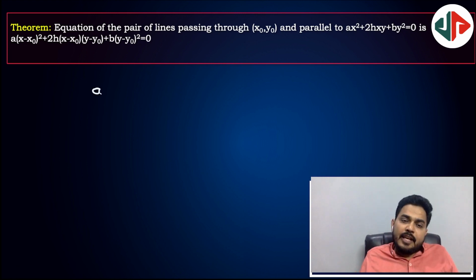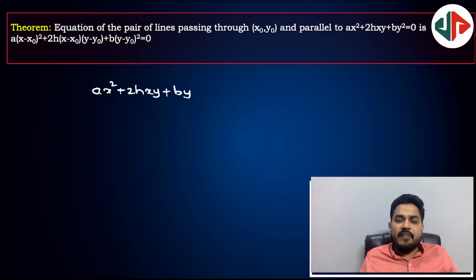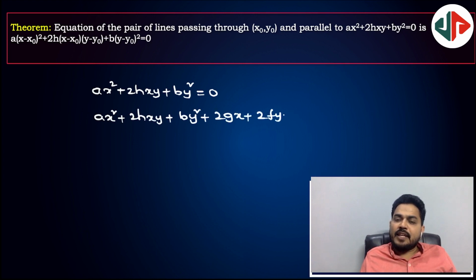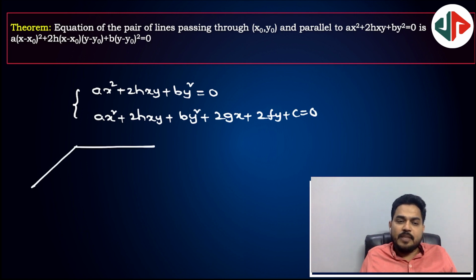The equation ax square plus 2hxy plus by square plus 2gx plus 2fy plus c is equal to 0 always represents a parallelogram.